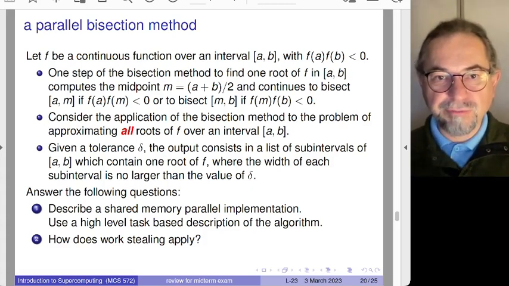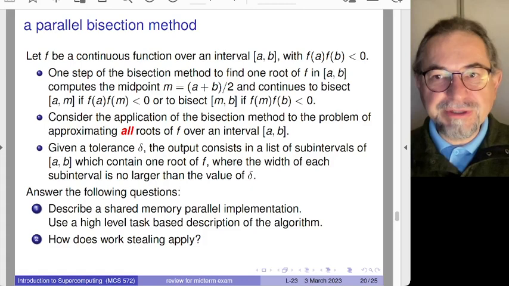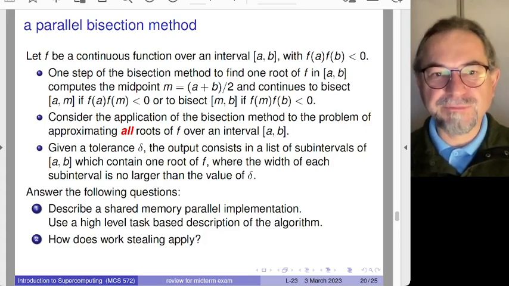So you could work with also here a case where you would not be interested in all the roots, but perhaps all those for which the bisection method applies, and start subdividing in that way.